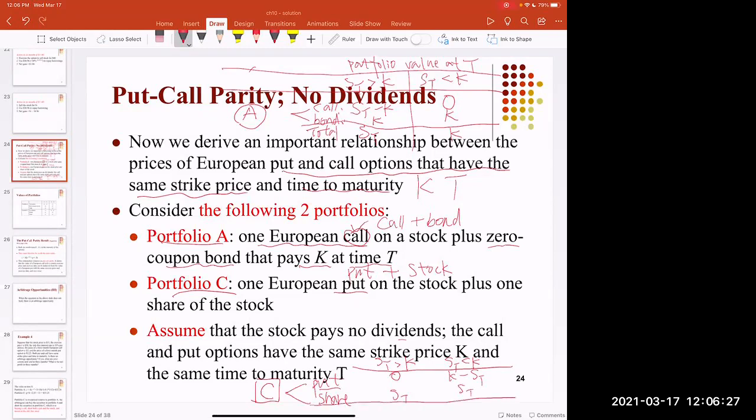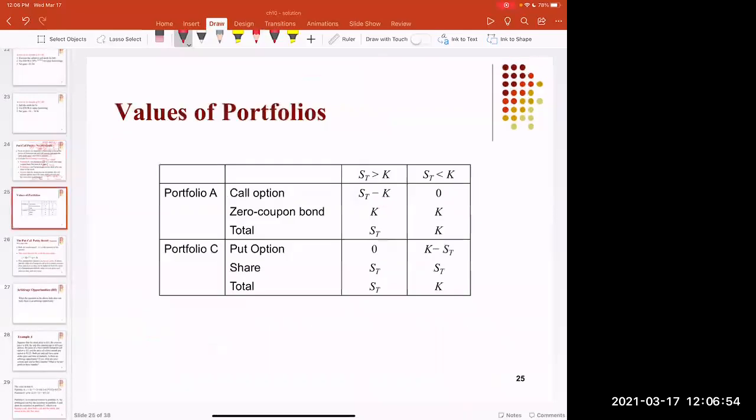And the total, we add together. When the stock price is higher, the total is 0 plus ST, which is ST. And when the stock price is lower than the strike price, K minus ST plus ST is K. So you can see the portfolio value of portfolio A and portfolio C is exactly the same: ST in one case, K in the other.